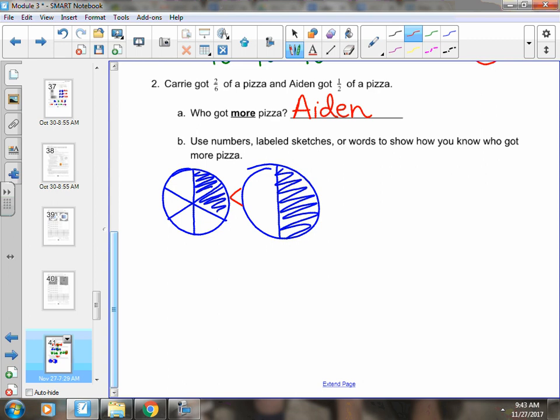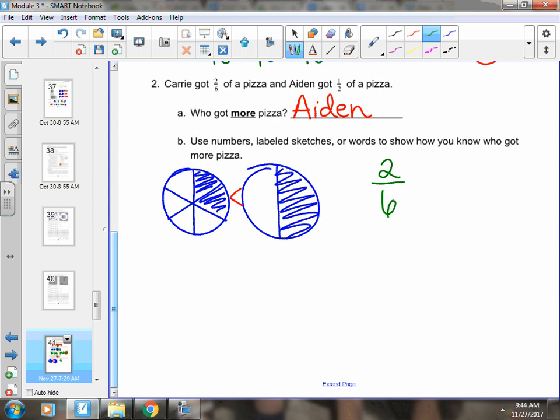I want to show one other way that you could also compare. And this is a very mathematical way and like the best way to know for sure, especially if you're a terrible drawer, if the denominators are not the same. So here's another way you could show it. You could say 2/6, right? And then you might take 1/2.